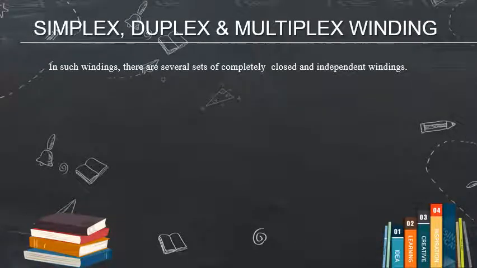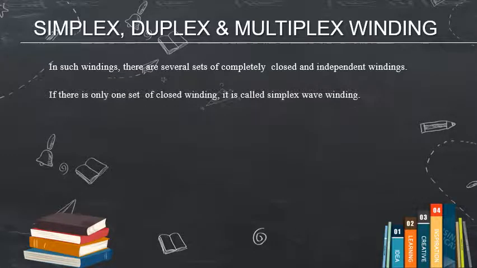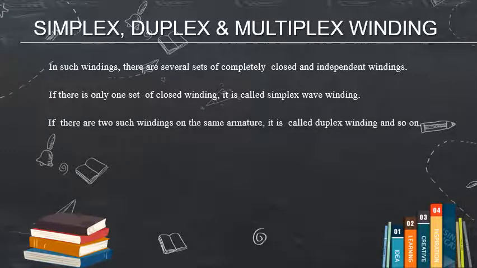In such winding, there are several sets of completely closed and independent windings. If there is only one set of closed winding, it is called simplex wave winding. If there are two such windings on the same armature, it is called duplex winding, and so on.